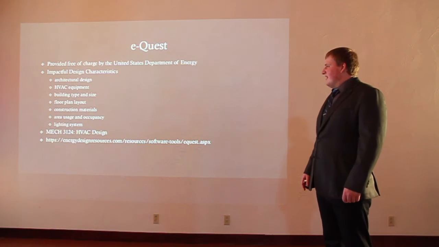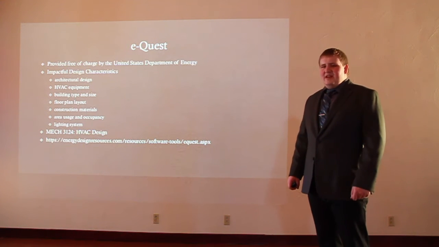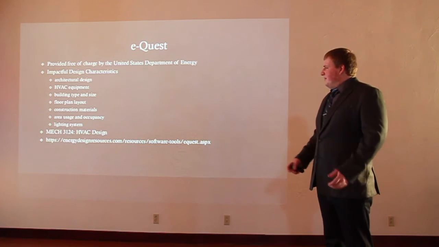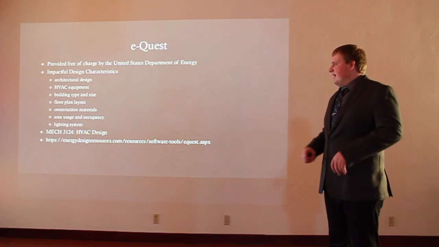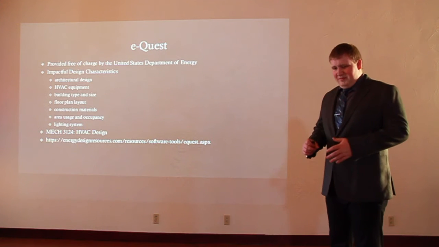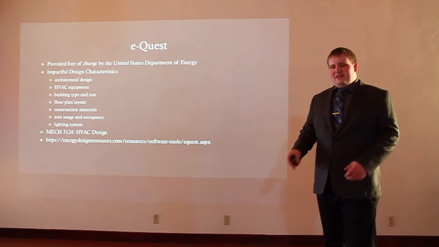A few different design characteristics are architectural design, any HVAC equipment that's installed in the building already, the building type and size, floor plan, construction material, the area that's actually being used inside the building, and any lighting systems that are inside.